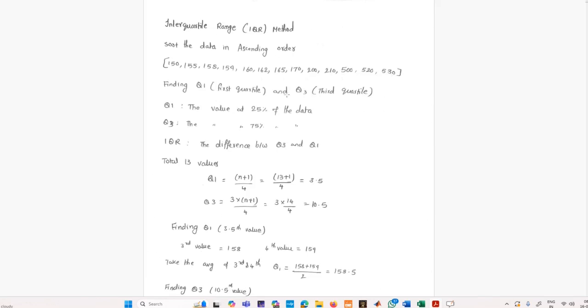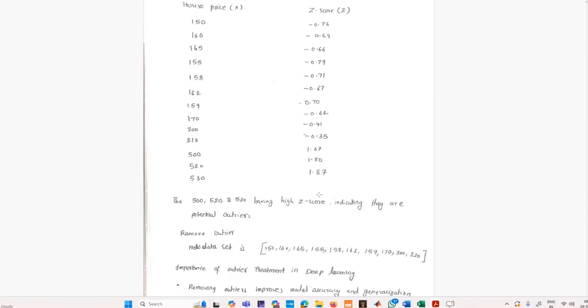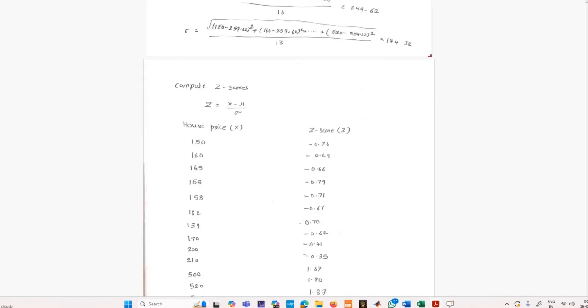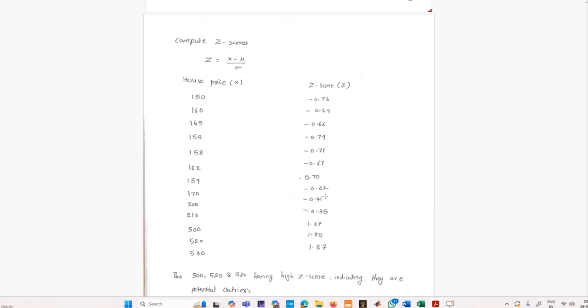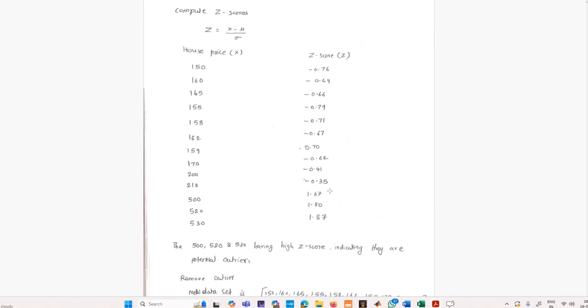Here the IQR says that there is no outlier data. At the same time, the Z score also says that there is no outlier data. But from my assumption, from the data itself, because the data set is very small and consists of a very limited number of samples, I observed that these three samples are far away from the rest. So that's why I have taken the threshold from here.